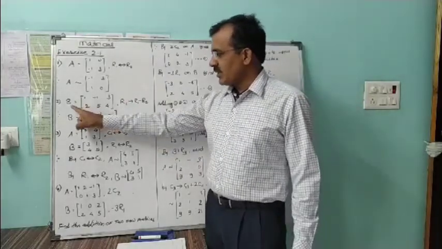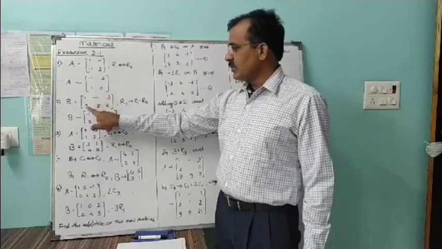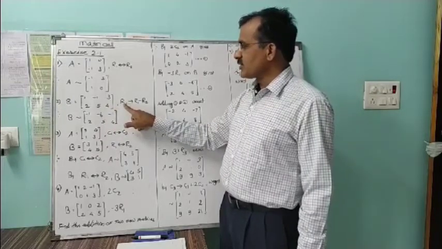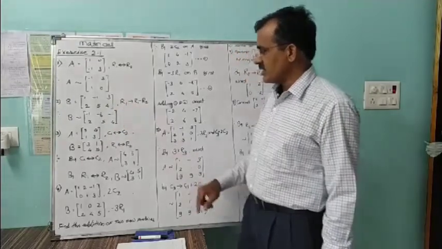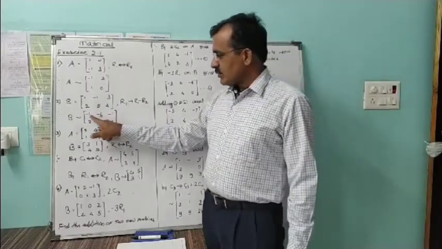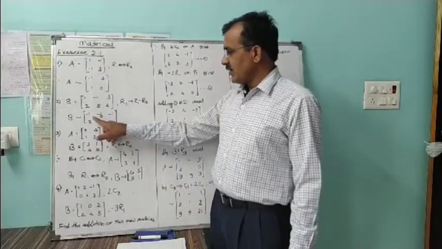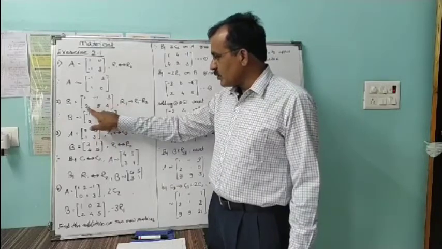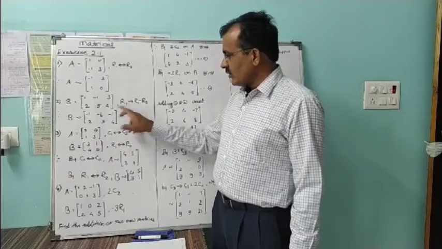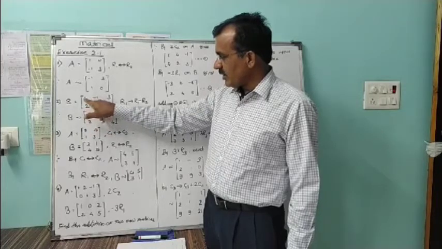Let us see the second example. Matrix B is given with the elements 1 -1 3 in the first row and 2 5 4 in the second row, and the operation to be applied on the first row is R1 minus R2. With this operation, matrix B is transformed into a new structure where there is no change in the second row: 2 5 4 will be as it is. Now what to do? We have to subtract the elements of the second row from the elements of the first row.